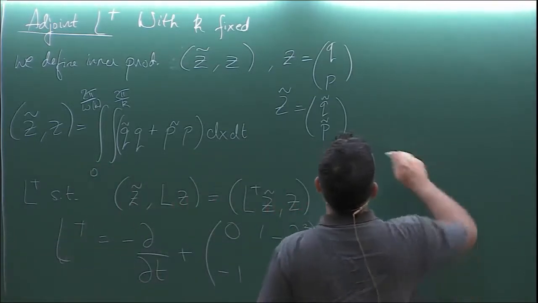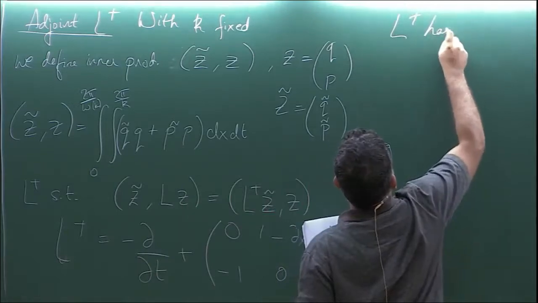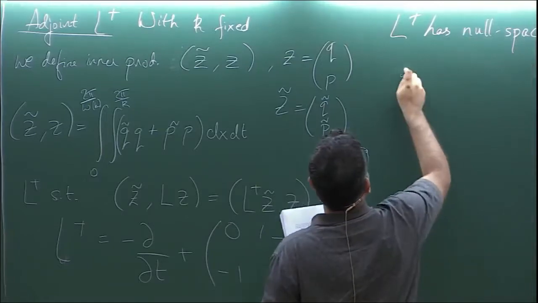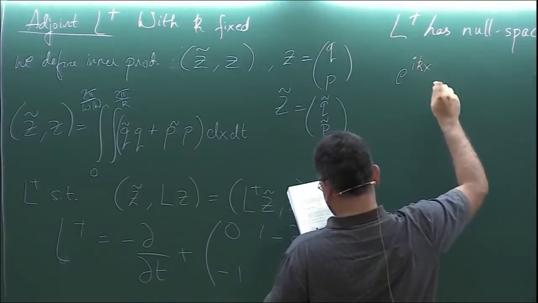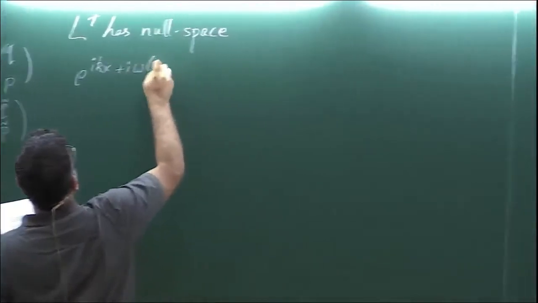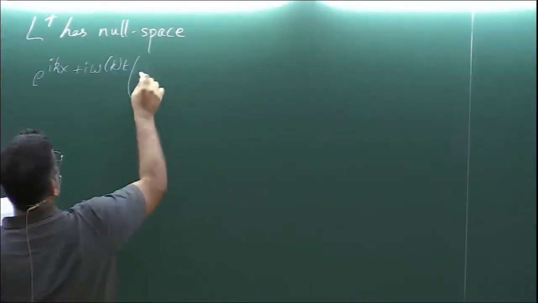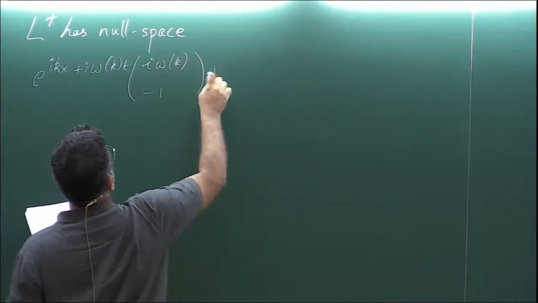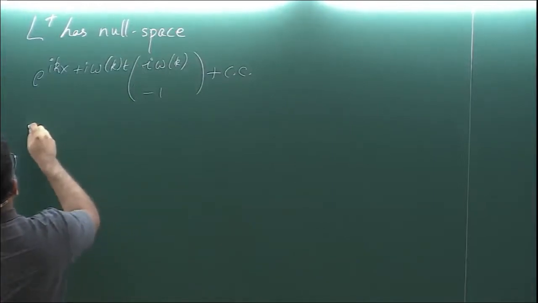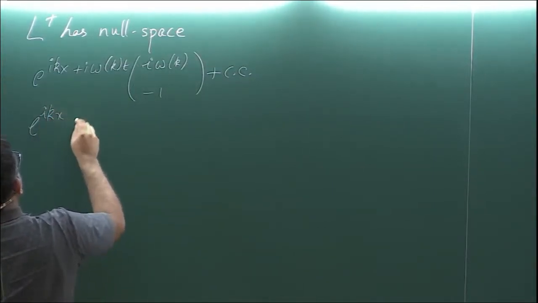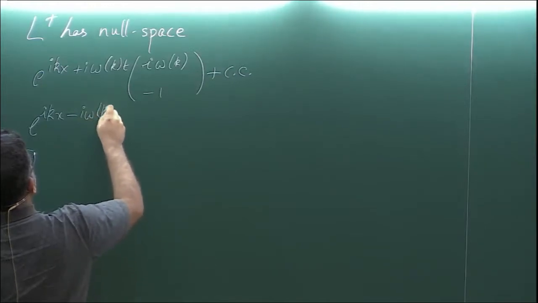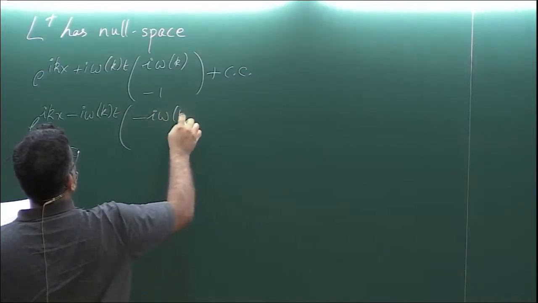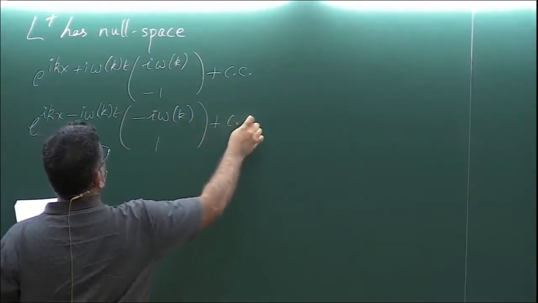All right, so that's L dagger. And L dagger has the null space e to the ikx plus I omega of kt, I omega of k negative 1 plus complex conjugate, e to the ikx minus I omega of kt, minus I omega of k 1 plus complex conjugate.